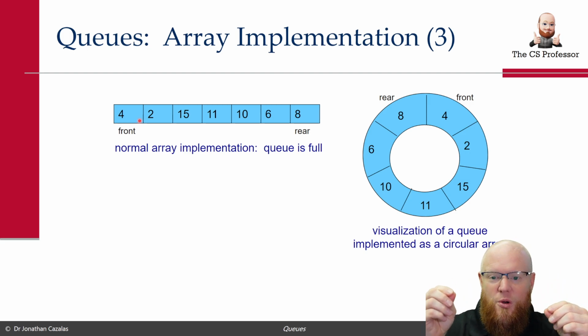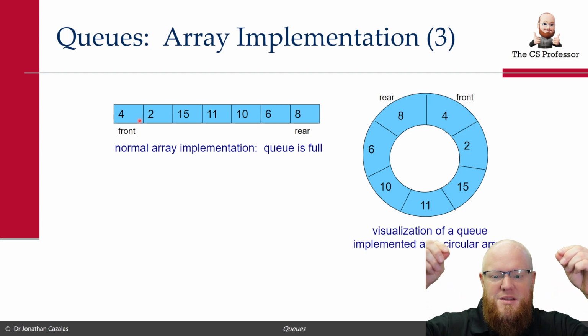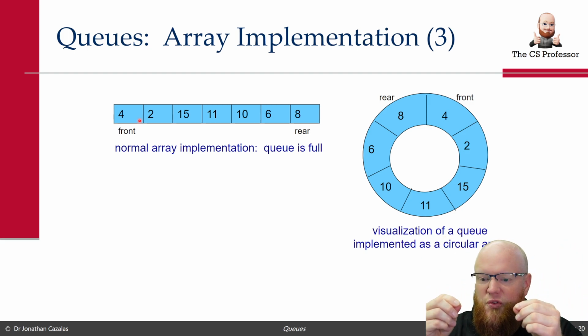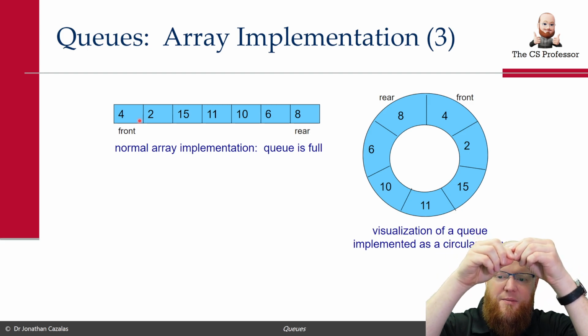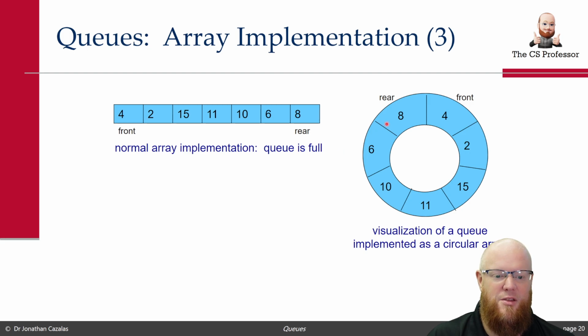So when I grab the 4 and the 8 and raise them up, the 2, 15, 11, 10, and 6 kind of drop down, and I then tape or glue them together, and here's the result.